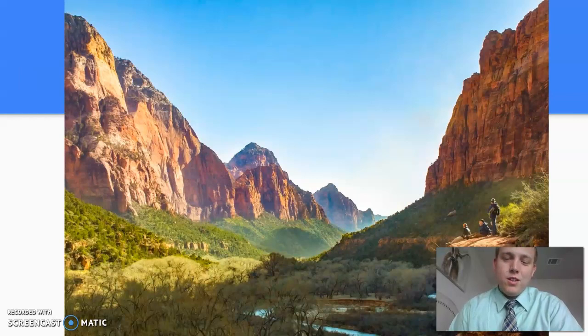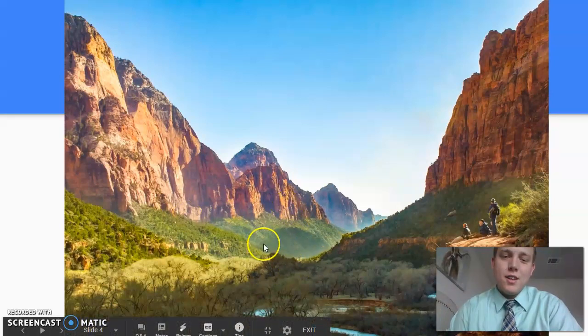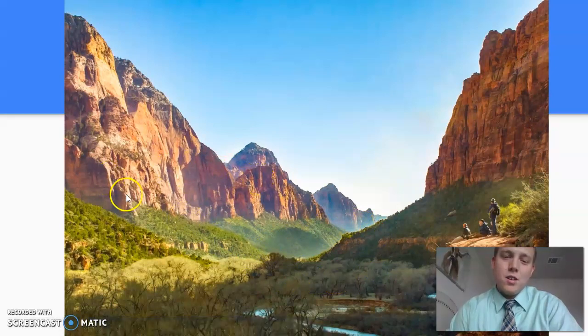This is how weathering and erosion creates something like this. This is called Zion Canyon, part of Zion National Park. I grew up about 30 minutes away from this place. Very, very pretty. These sandstone rocks were eroded and weathered away over thousands and thousands of years.